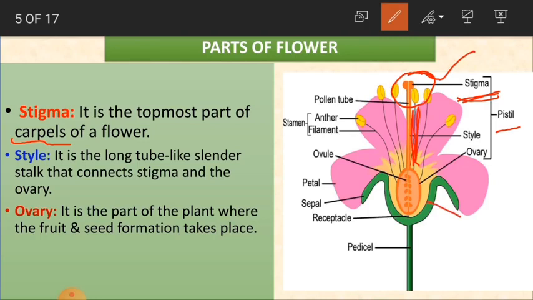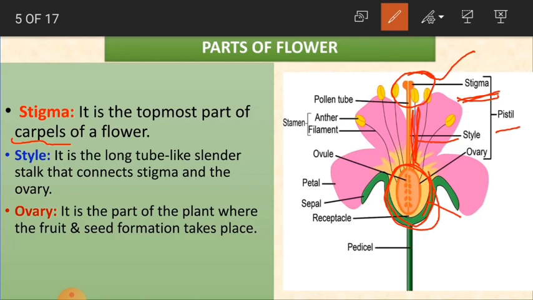This part is known as style. Okay. And what is ovary, children? It is the part of the plant where the fruit and seed formation takes place. What is this? Ovary below.